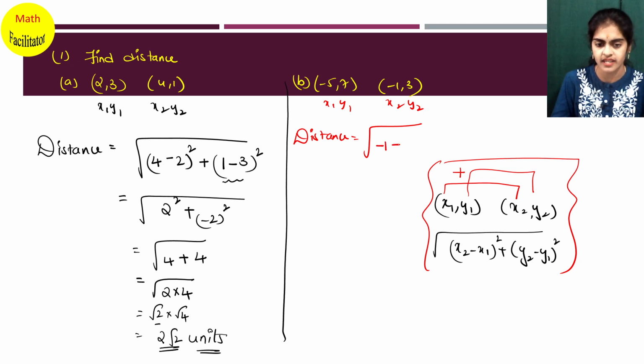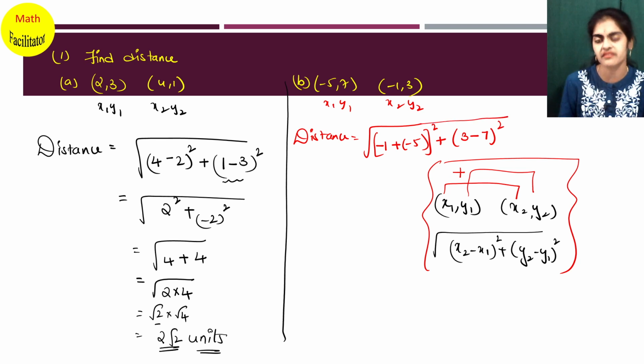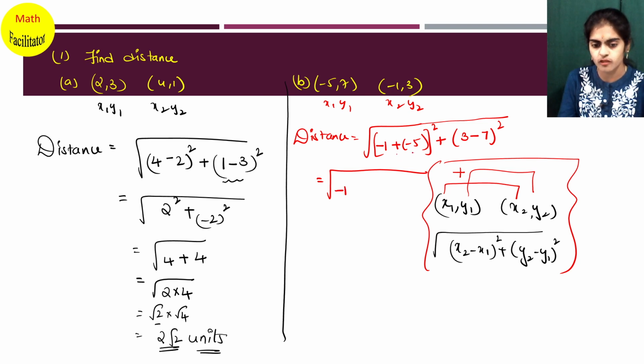So x2 is minus 1 plus x1 is minus 5. The whole square of this plus y2 is 3 minus y1 is 7, the whole square of this, and you have the entire thing as square root. So that is equals to root over this is minus 1 plus into minus 5 gives me minus 5 the whole square plus 7 minus 3 is minus 4 the whole square.